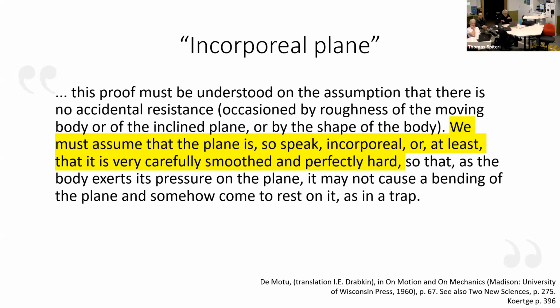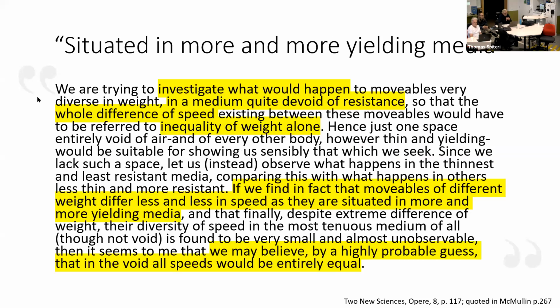So in some ways it sounds like he's talking about incorporeal in that first part, so it's unreal things. But on the other hand, he's saying, well, at least let's try and approximate that by making it perfectly smooth and hard, and so on, to minimize the factors.